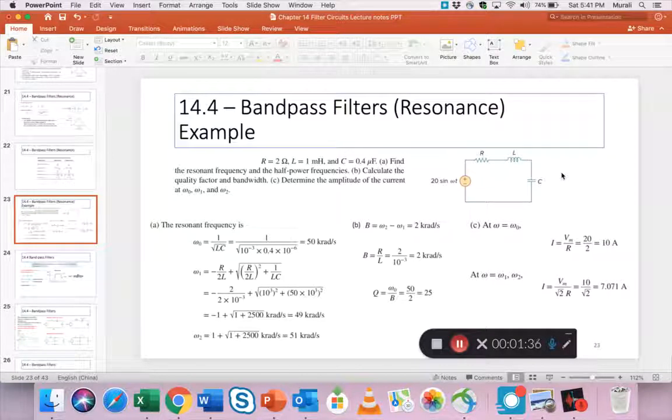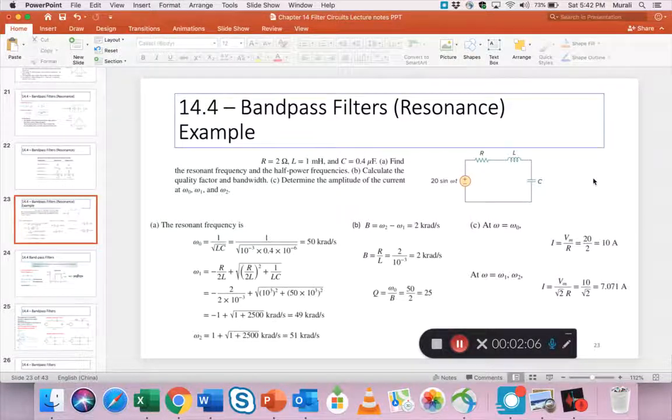All I wanted to point out is that these same equations that you see here on the slide to solve for the resonant frequency, the corner frequencies, the bandwidth of this problem, the same kind of formulas are what we will use for the remainder of the exercise today.